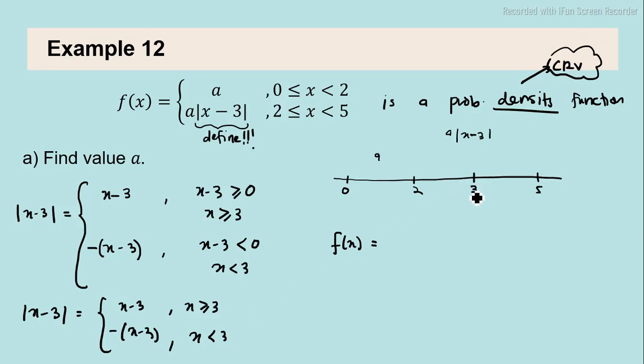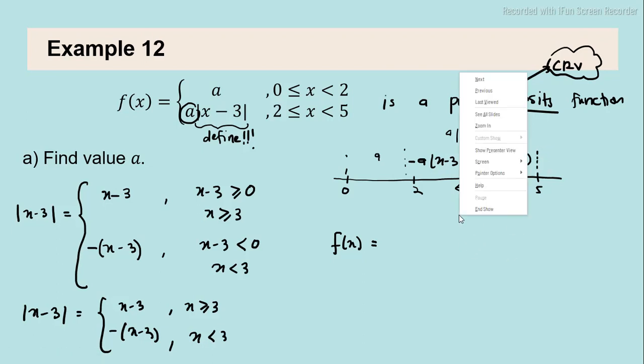Kamu ada satu lagi kat sini. Kalau less than 3, fungsi kamu adalah negatif A x tolak 3. Sorry, negatif A, sebab ada A kat depan ni kan. So kalau untuk greater than 3, fungsi kamu adalah A x tolak 3.